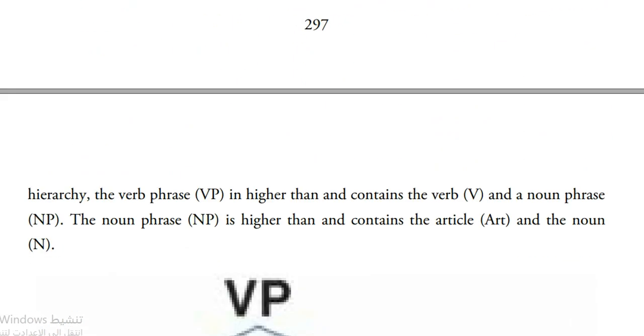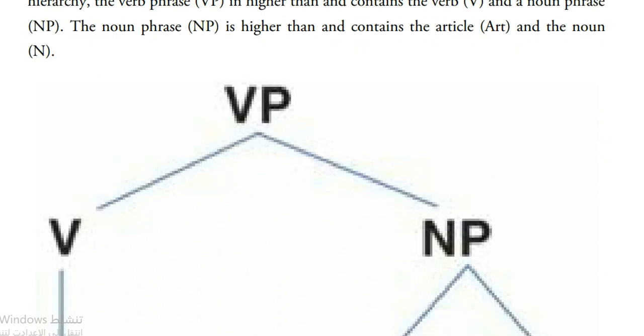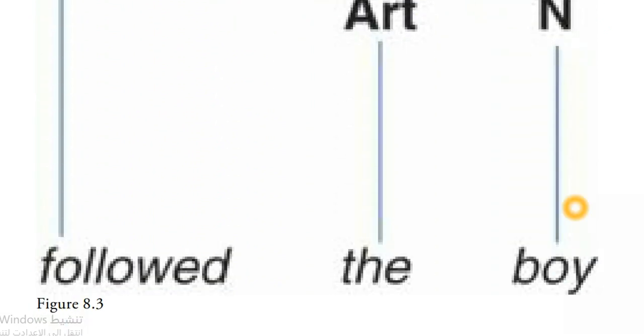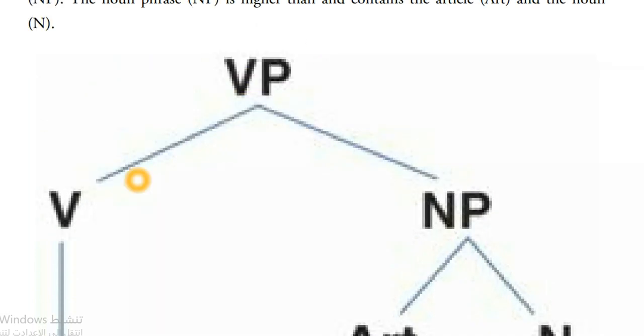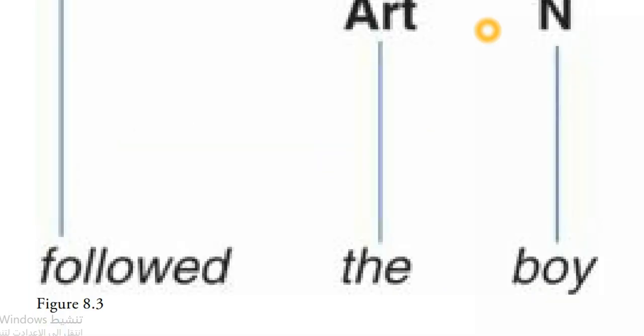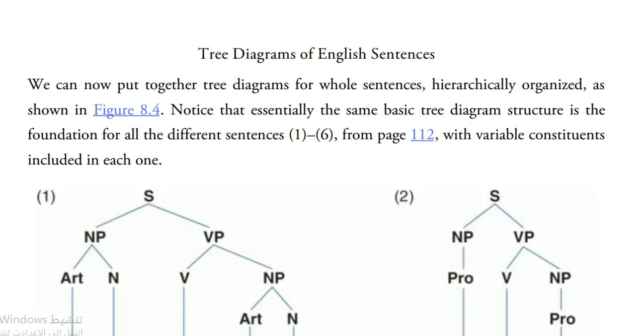Okay, so let's move on to the verb phrase structure. With the verb we say that we have verb, then we have noun phrase, followed the boy. As you can see here, the verb phrase has the verb here, and then the noun phrase down. From the noun phrase we have article and noun, the boy. So this is how we draw the tree diagram.